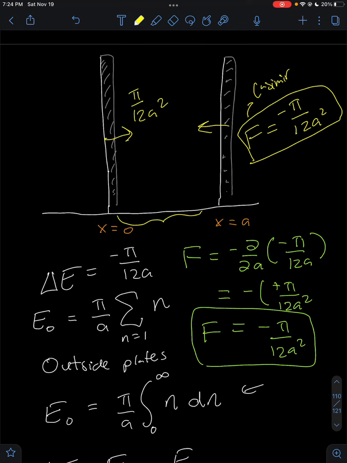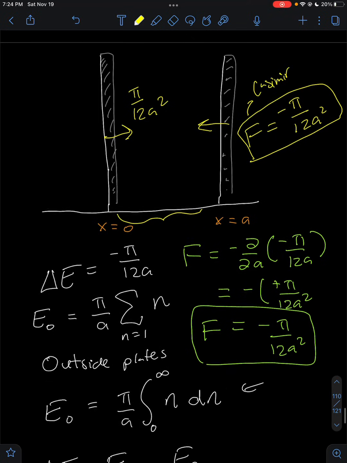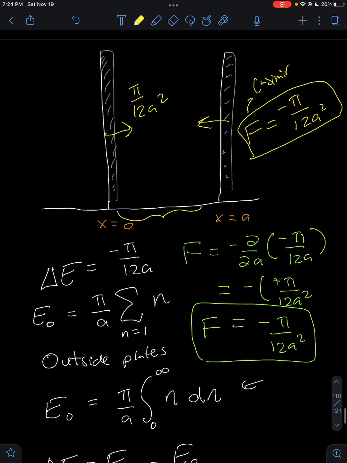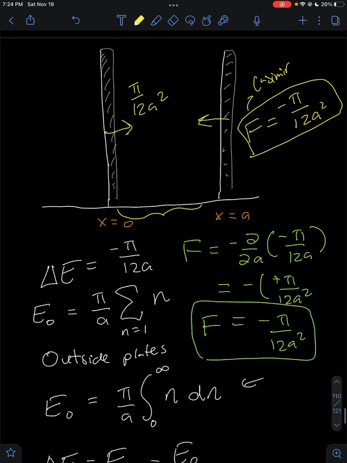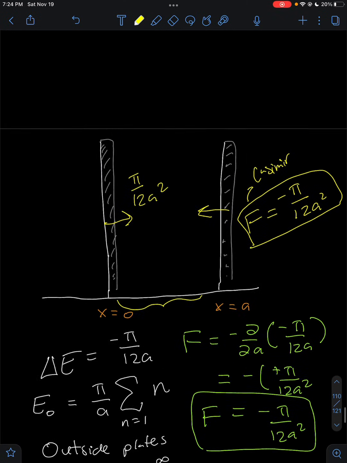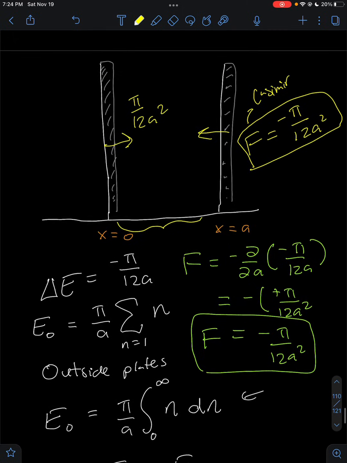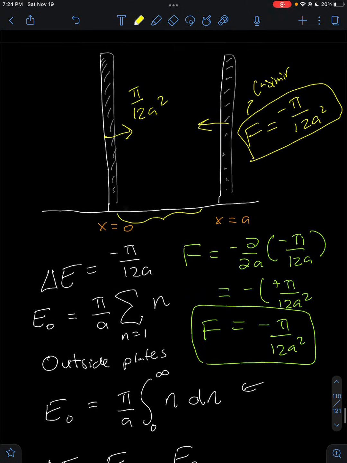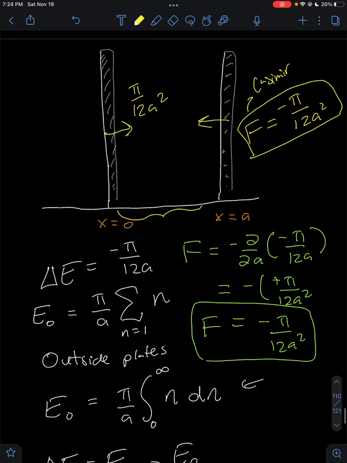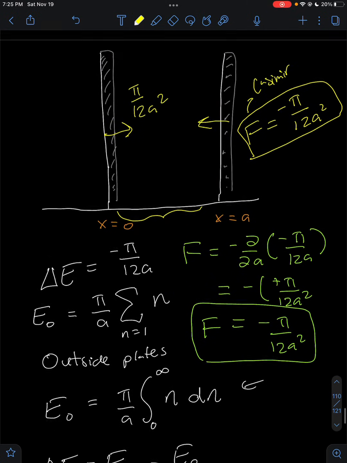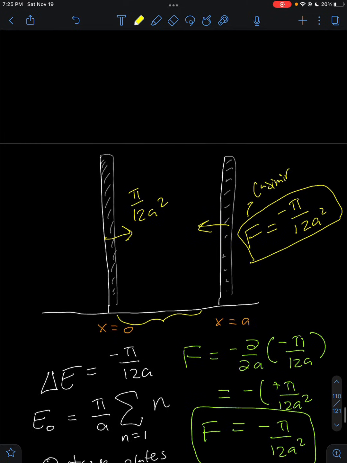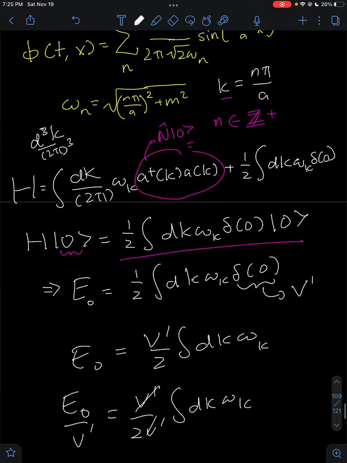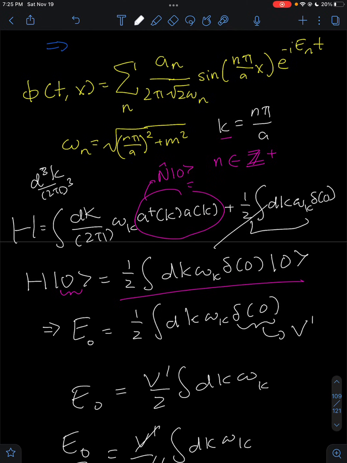Now for the subtleties. The Casimir effect in its current state is a very controversial effect. The effect itself isn't controversial, but the explanations of the effect are controversial. Because we've actually used vacuum energy here, right? Remember how before in quantum field theory we got an infinite term, and we just pretended that it doesn't exist?